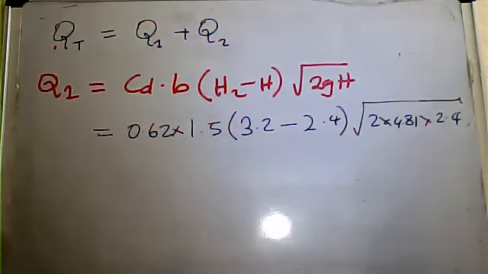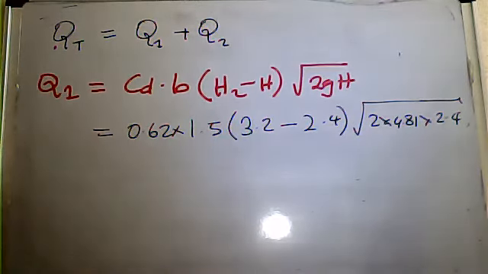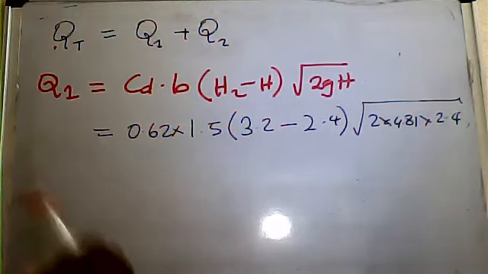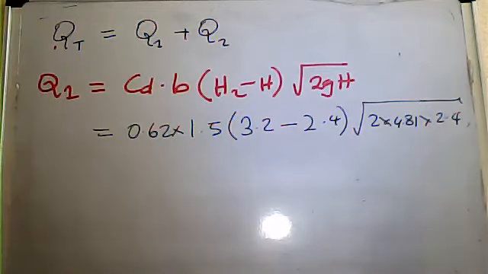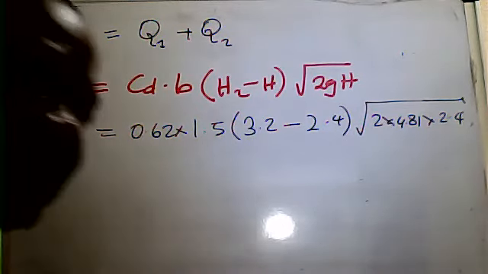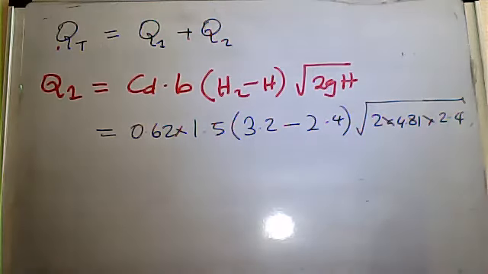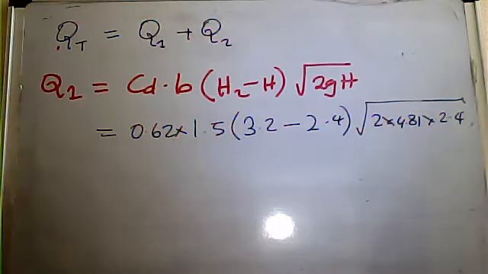That is how we calculate the discharge through a partially submerged orifice, which is a drowned orifice. Under the description of discharge, we can classify an orifice as free to air or submerged.